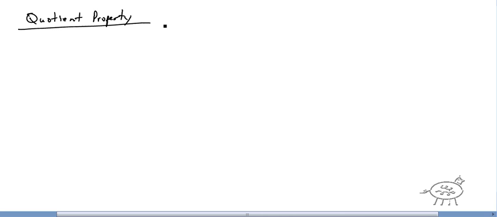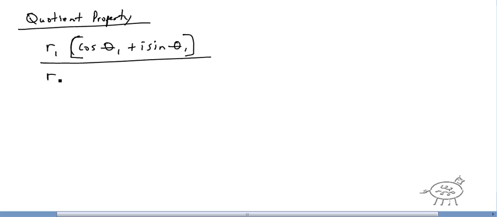All right, this has some similar characteristics, which you'll see. But let's actually talk about it. It's r1 times, in brackets here, cosine of theta 1 plus i sine of theta 1, divided by r2 times cosine of theta 2 plus i sine of theta 2.